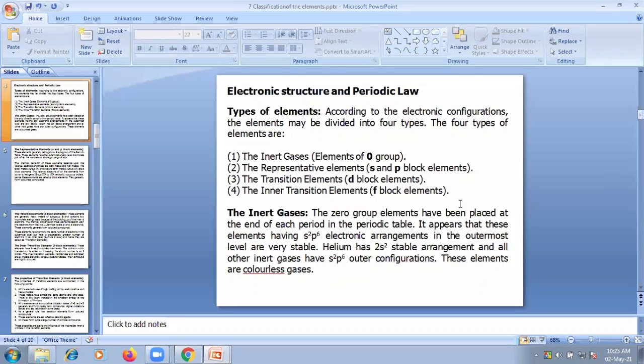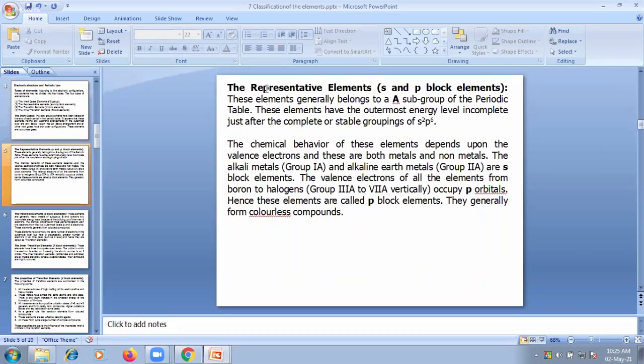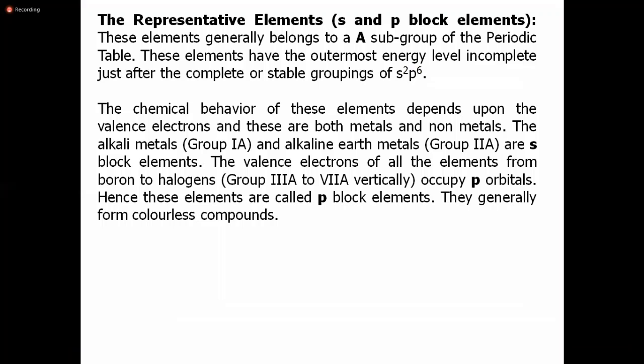Next is the representative elements, that means S and P block elements. Can you recall what S and P block elements are? When we rearrange the electrons, if the last electron enters the s orbital or p orbital, that is called s or p block elements.